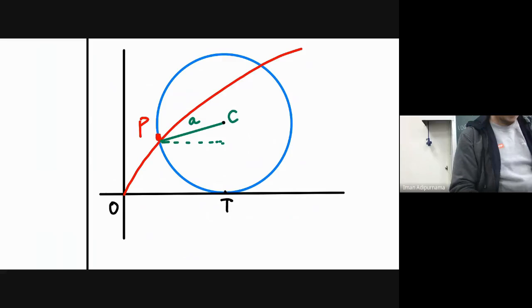Let's say this is C, the center, and because it's P, that makes Q here, this point.